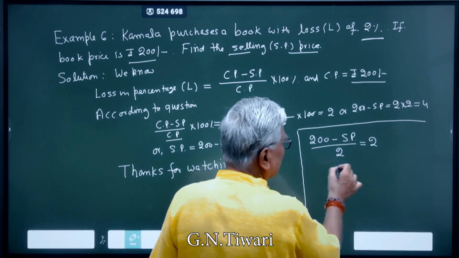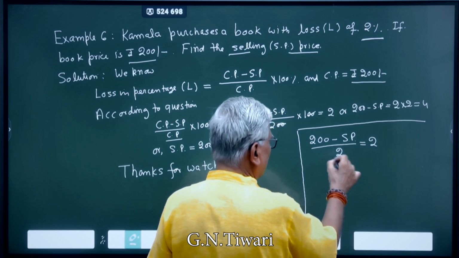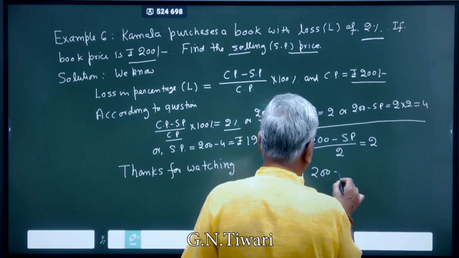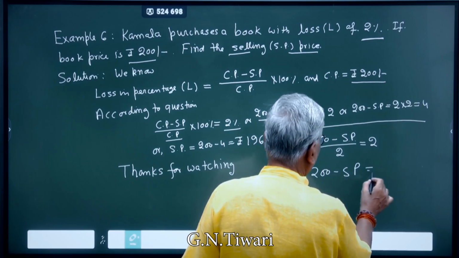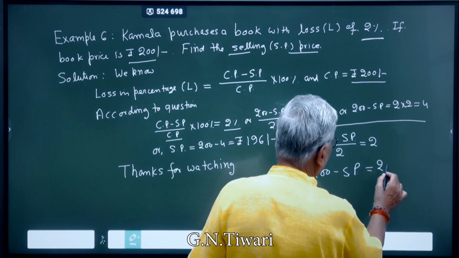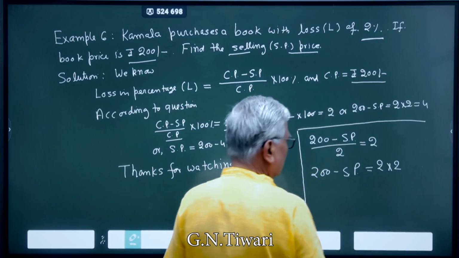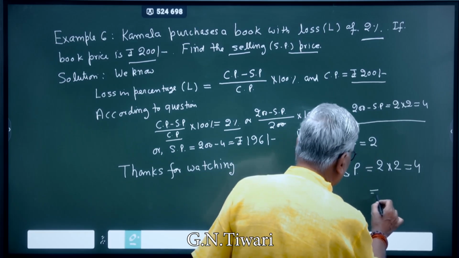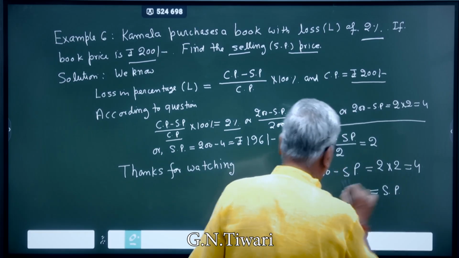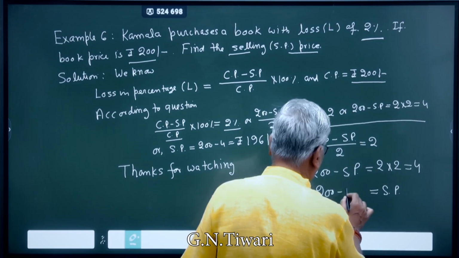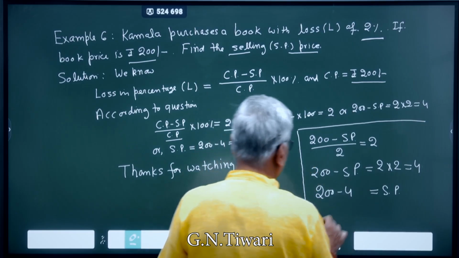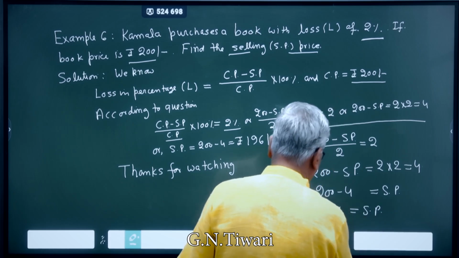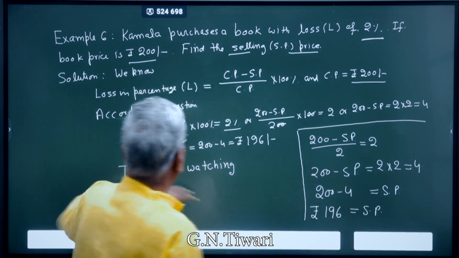Since 2 is a denominator, if you go left to right, it becomes 200 minus SP is equal to 2 into 2. So what will happen? This will become 4. Taking SP to the other side it becomes plus, and taking this to the other side, 200 minus 4. Now 200 minus 4 is 196, which is equal to SP, with the rupee sign. That is how we have calculated this one.